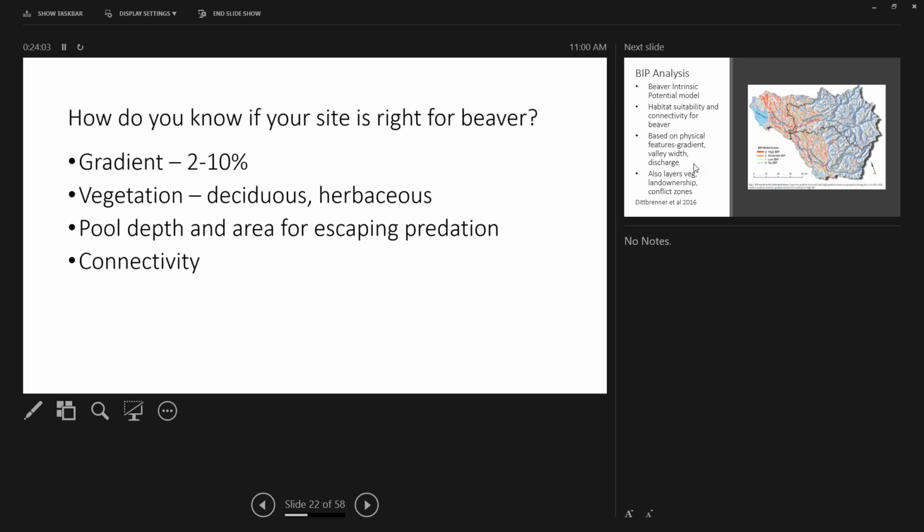We're looking at vegetation, deciduous and herbaceous primarily, although beaver will have starvation foods that they'll take advantage of, like conifers. Pool depth and area for escaping predation is a huge part, and connectivity to other habitat for when they decide they don't like where you put them, which happens every time. Do they have another place to go nearby that they might make it to?